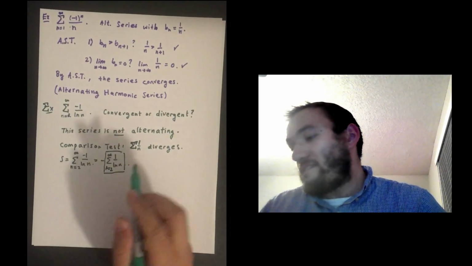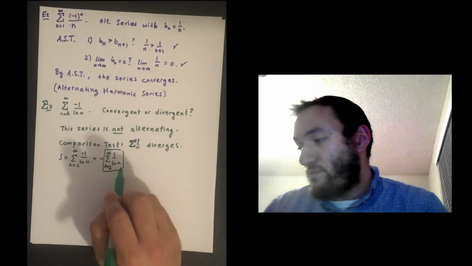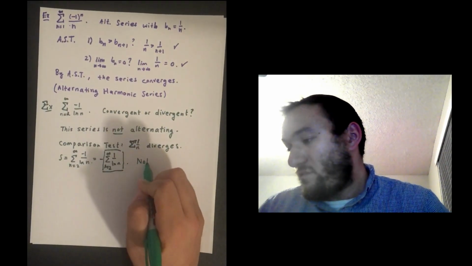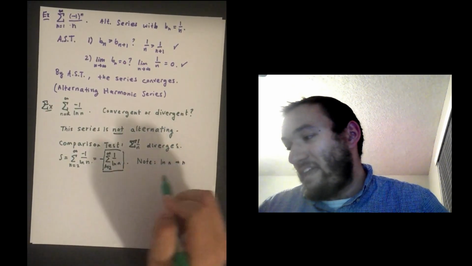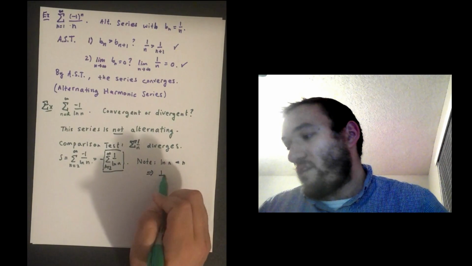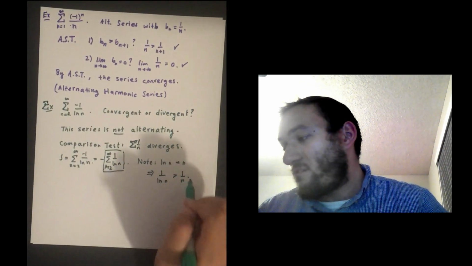So with this series we can apply the comparison test. So note that ln n is less than n, and that means 1 over ln n is greater than 1 over n.